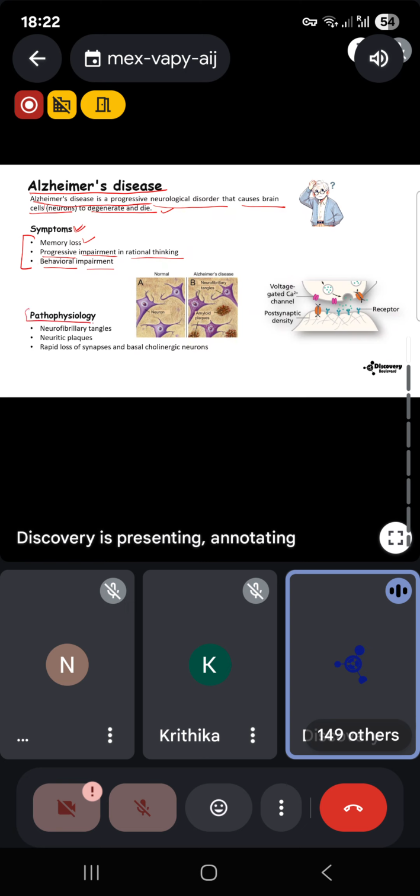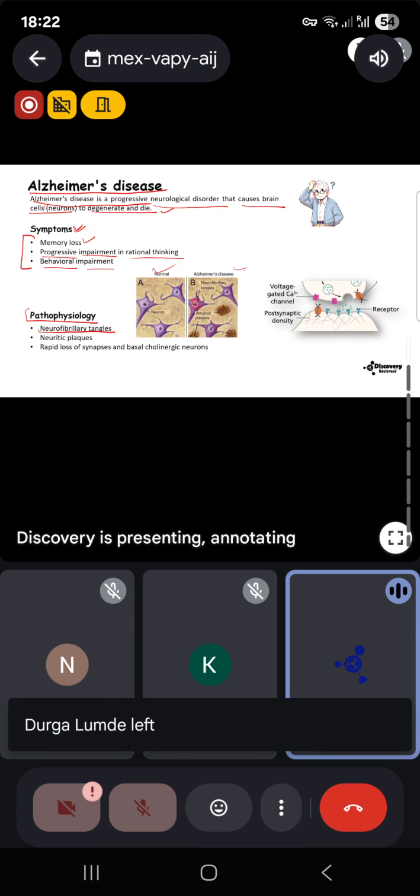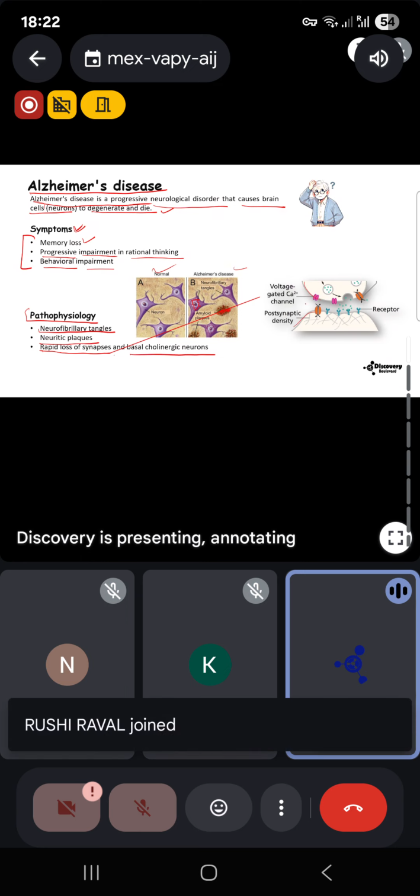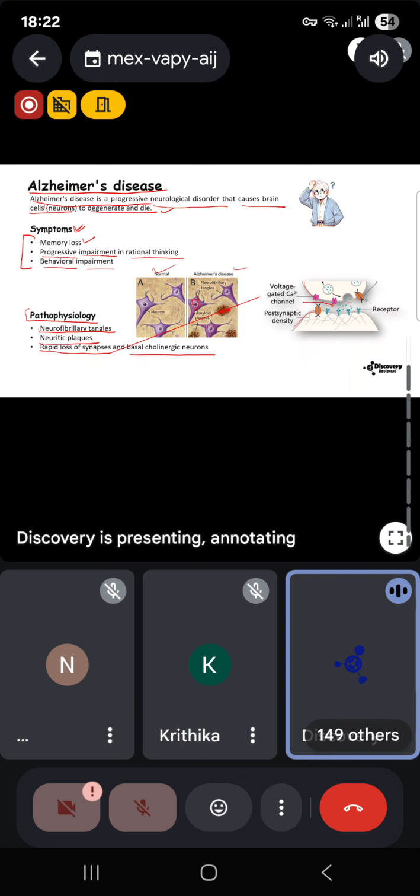What are the changes that you see in Alzheimer patients, the pathophysiology inside the brain? You see these neurofibrillary tangles. This is the normal brain, and this is the Alzheimer patient or disease condition. You also see neuritic plaque, beta amyloid plaque like this, and you can also see rapid loss of synapses and basal cholinergic neurons. Synapses are the junctions between two neurons.